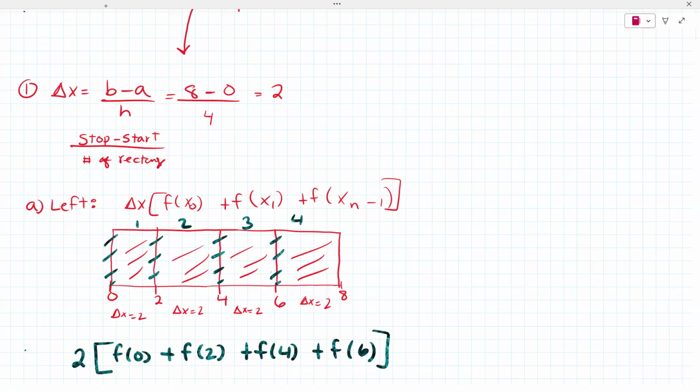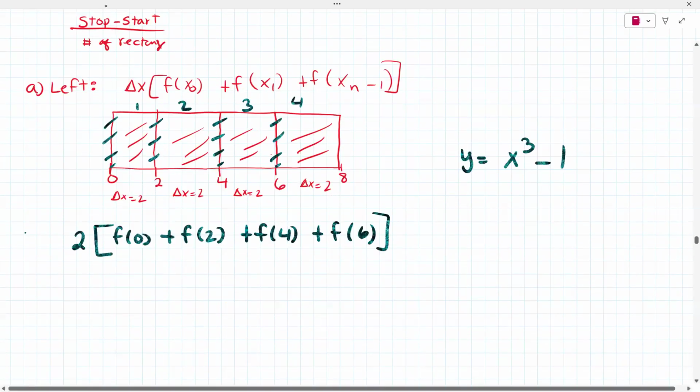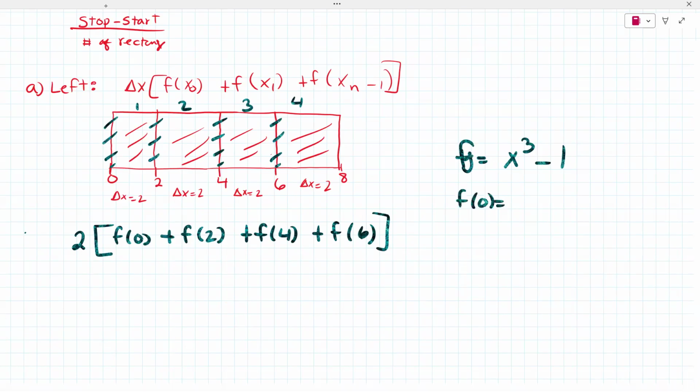And this time, because they give us an equation, f of x equals x cubed minus 1, we can actually find the y values. If you plug in 0, you get 0 cubed minus 1, which is negative 1. f of 2 spits out 7. f of 4 spits out 63. And f of 6 spits out 215.